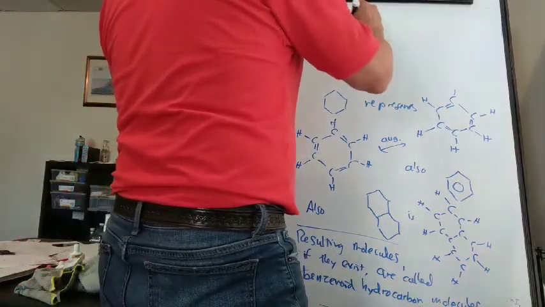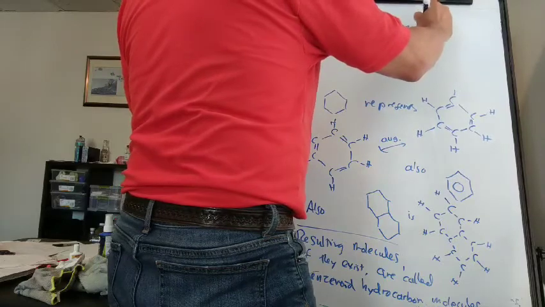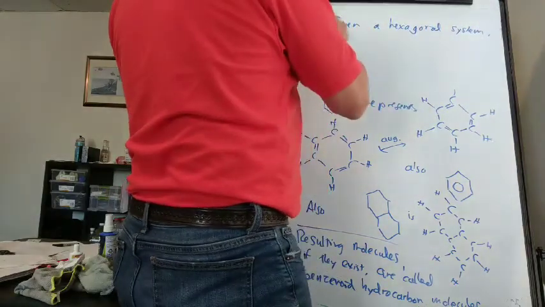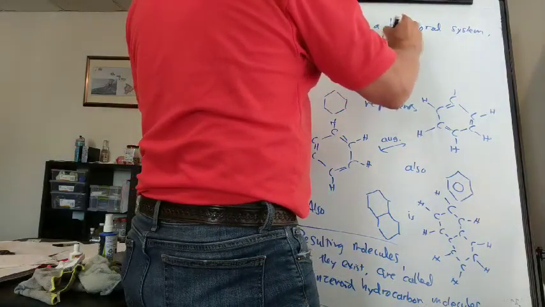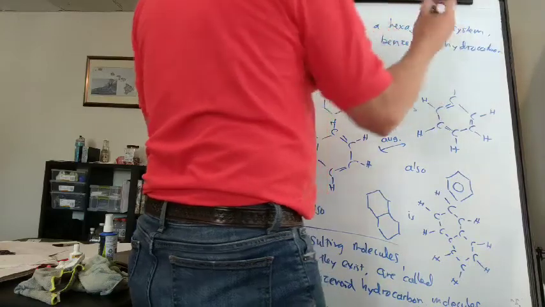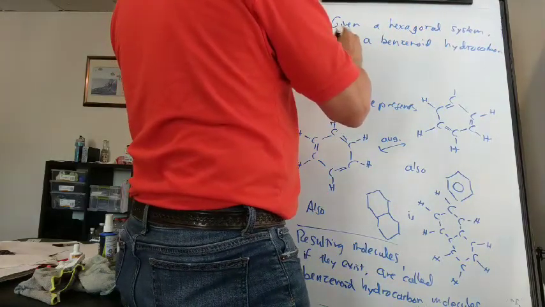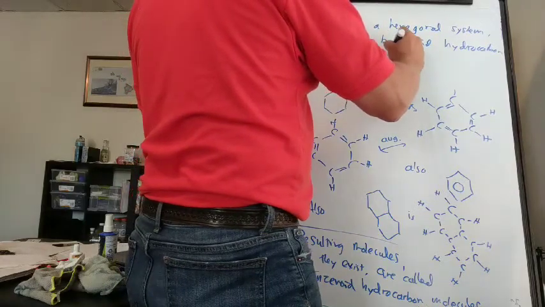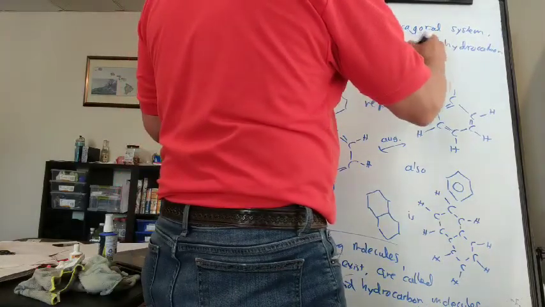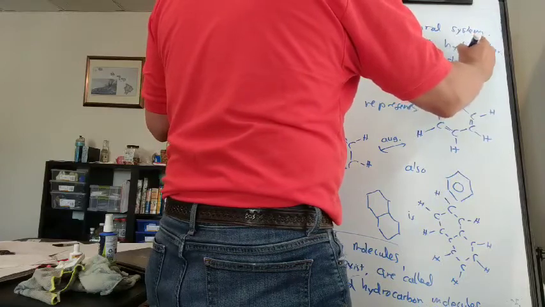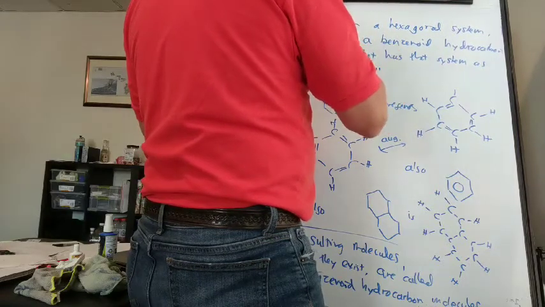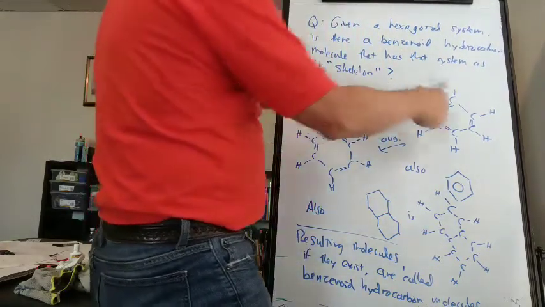So the question is, given a hexagonal system, is there a benzenoid hydrocarbon molecule that has that system as its skeleton? So we'll say this hexagonal system is the skeleton of that molecule.